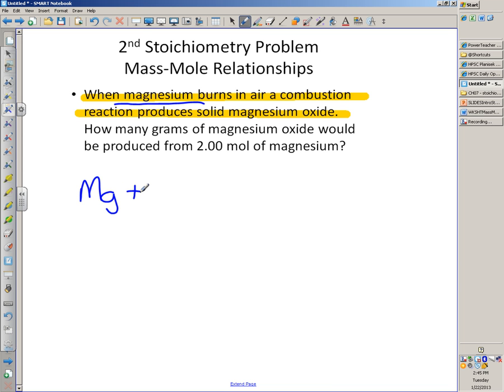Now here's the tricky part. What kind of reaction does it say is happening here? Combustion. What's a requirement for something to be a combustion reaction? It has to mix with oxygen. These are my reactants. What is it making?